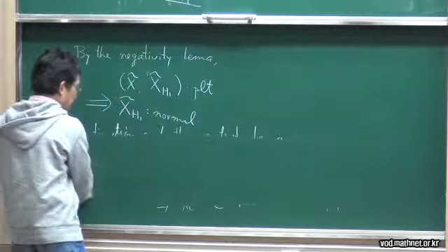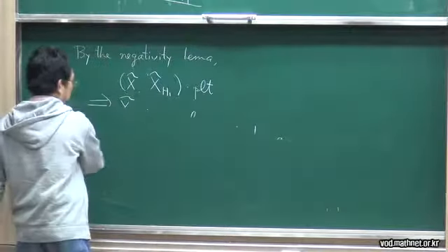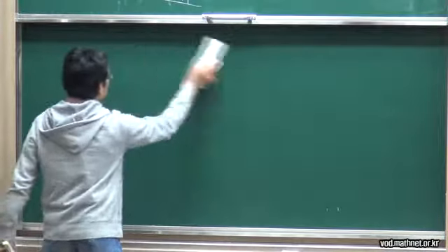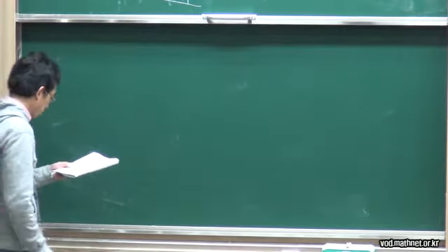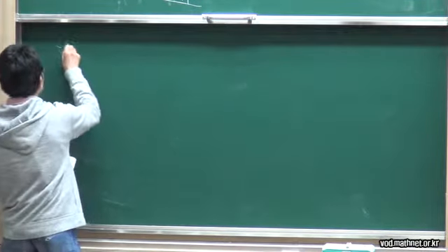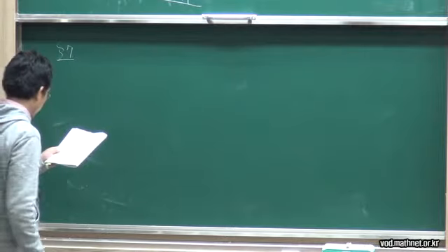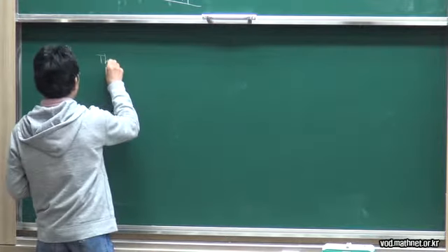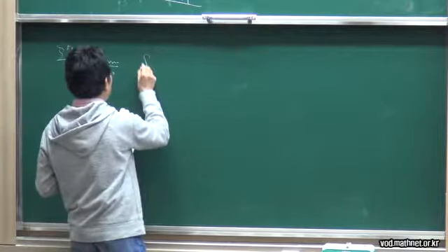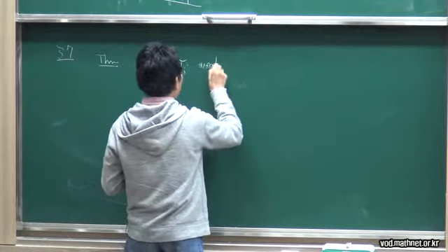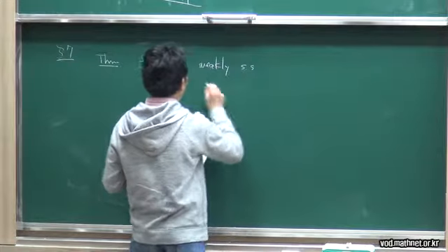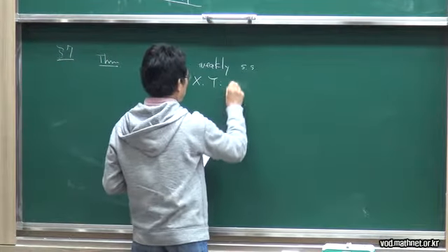I hope theorem 1.4 will have many applications, but here I explain one small application. Section 7, theorem. f: X to Y is weakly semistable, and X and Y are projective varieties.